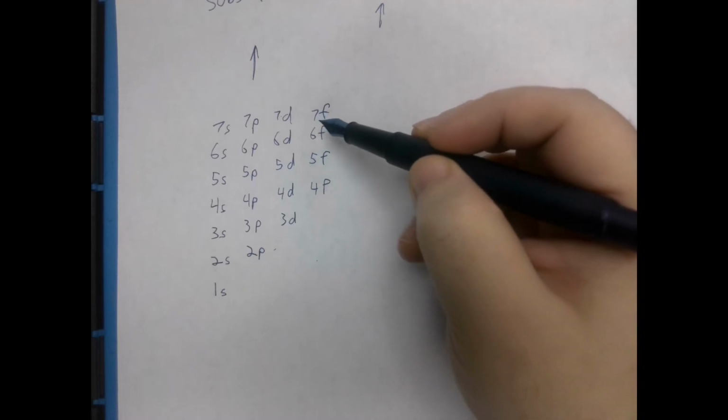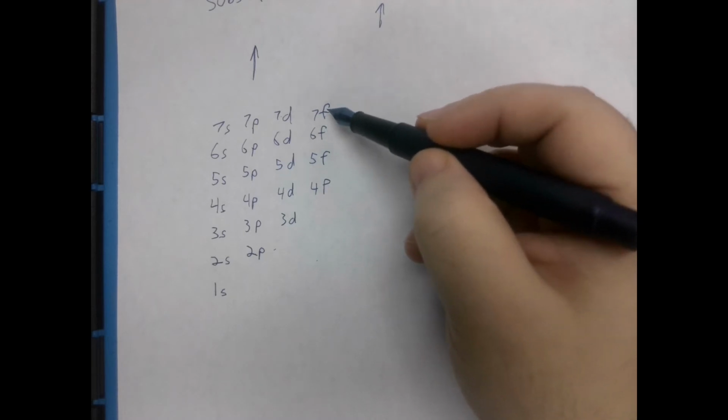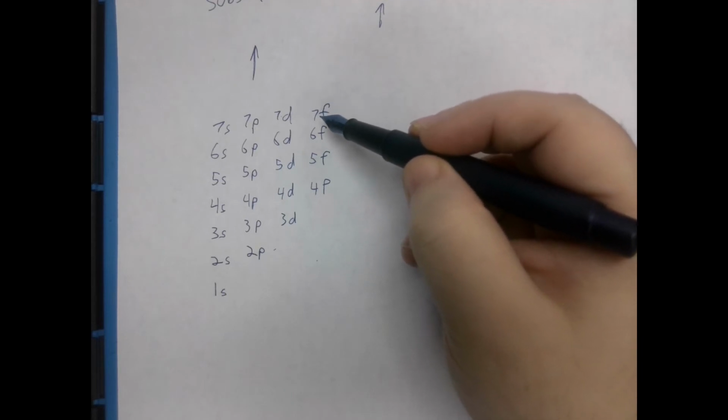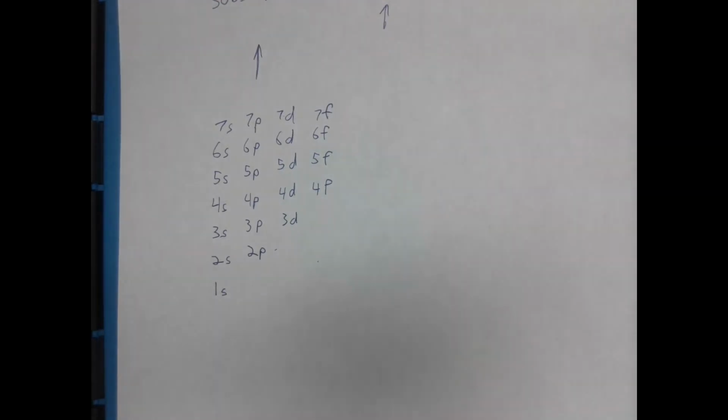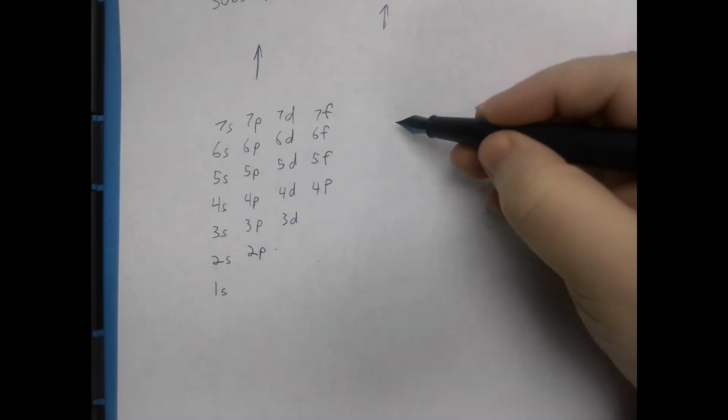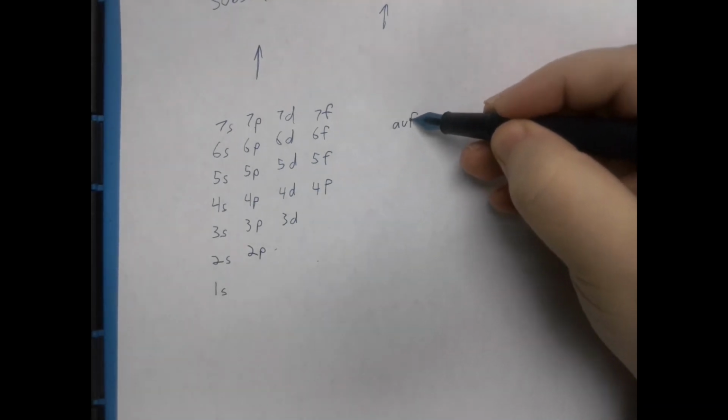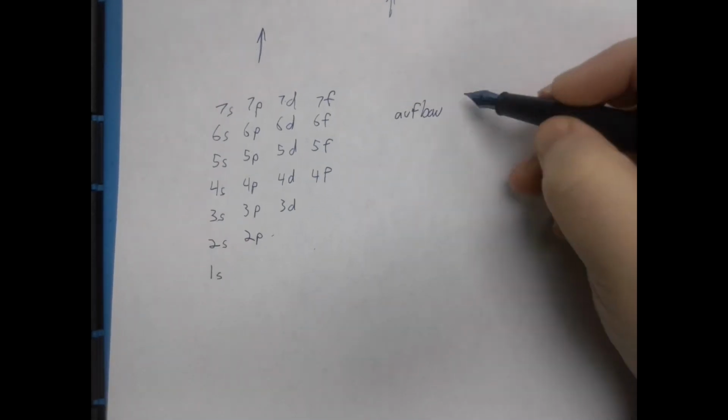Or I should say there is no atom that has, in the ground state at least, an electron in 7F. And none in 6F. But it doesn't matter when doing the calculations. You're just not going to wind up with anything in 7F.